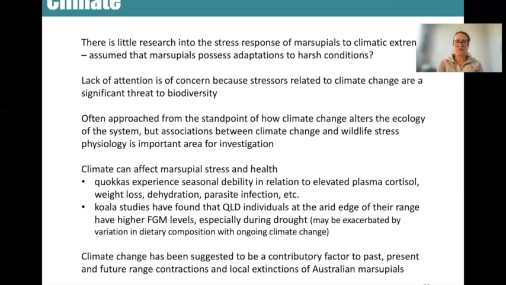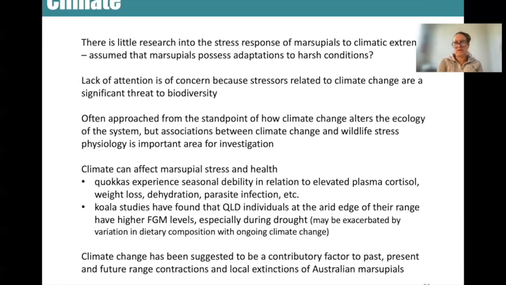And koala studies have found that Queensland individuals at the arid edge of their range also tend to have higher fecal steroid levels compared to individuals that are in more temperate areas. And this is especially the case during drought.